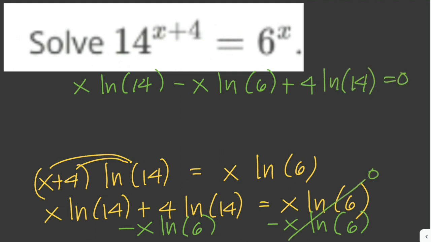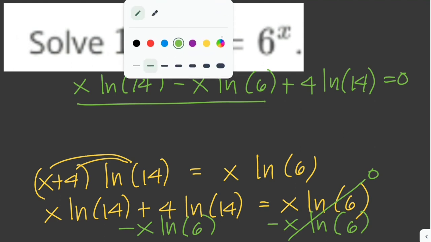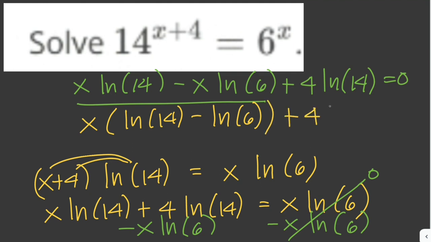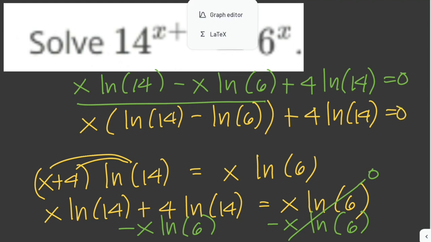Now we can factor out x from here. So x times ln of 14 minus ln of 6, plus 4 ln of 14 equals 0.